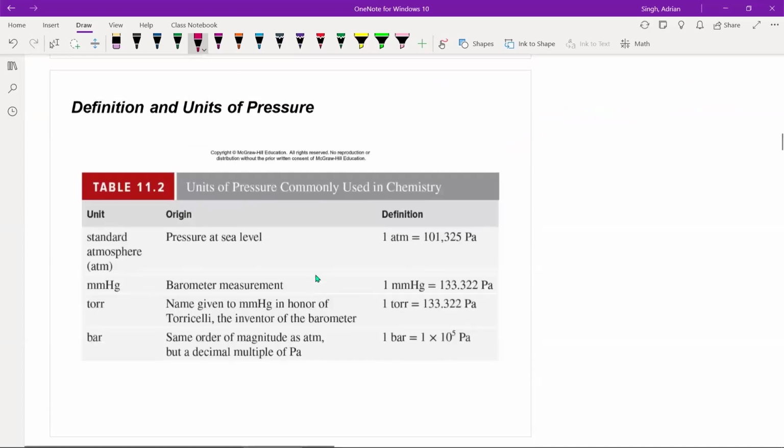So typically, we're going to see certain pressure units in chemistry that you may not be familiar with, or that you may have used in previous, either in your daily life or other places. We use what's known as the standard atmospheric pressure, which is abbreviated ATM. Okay, so ATM just means atmosphere.